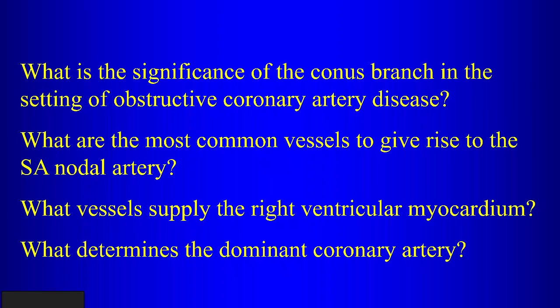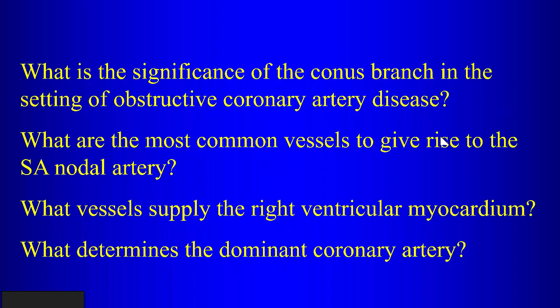The vessels that supply the right ventricular myocardium, remember we went through RCA, acute marginal, those branches that come off the RCA, what do we call those? Acute marginals, right, okay. And then what determines the dominant coronary artery?